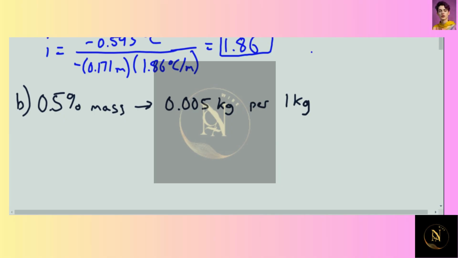So 0.005 kilograms is 5 grams, which we can divide by the molar mass to get the number of moles, which is 0.0833.